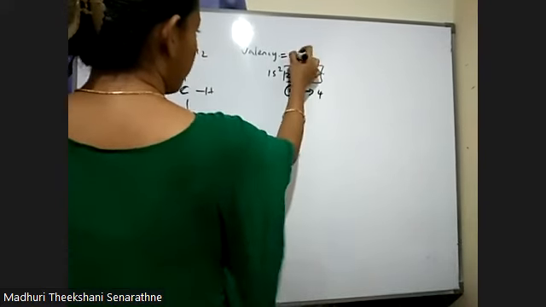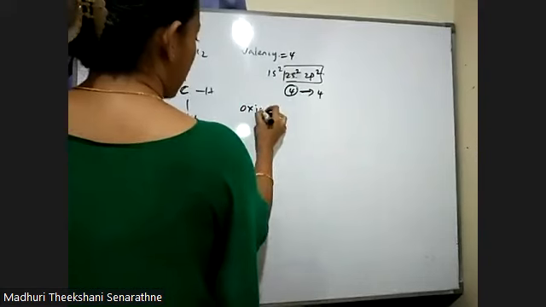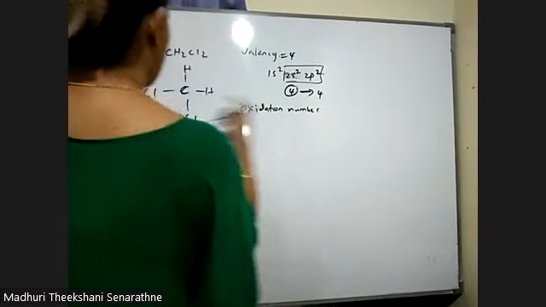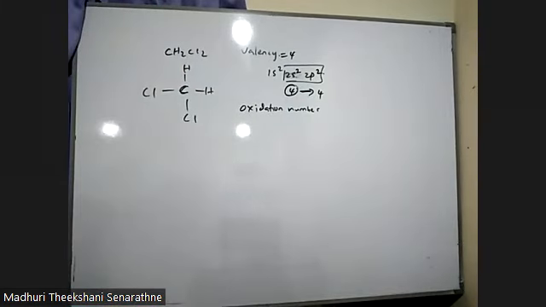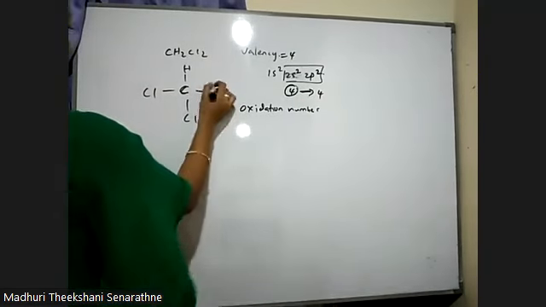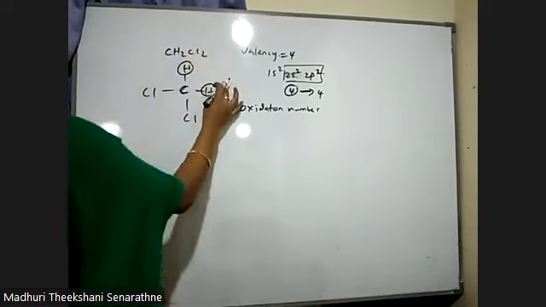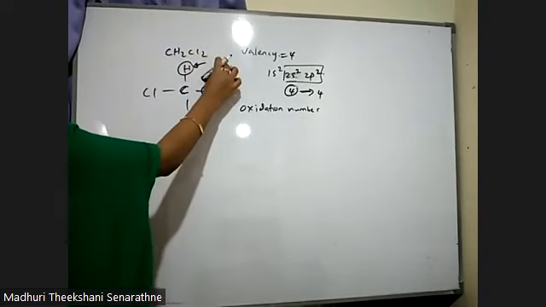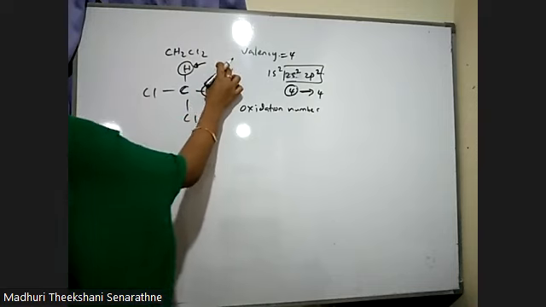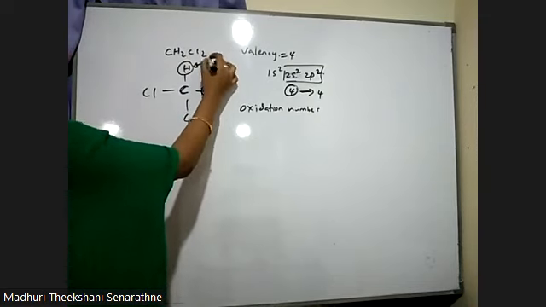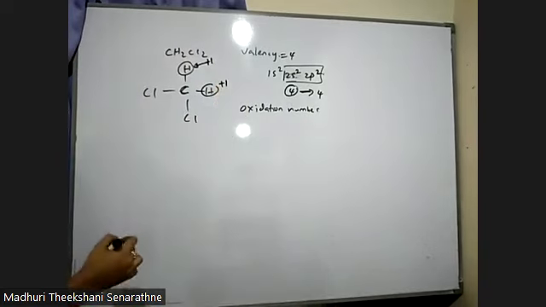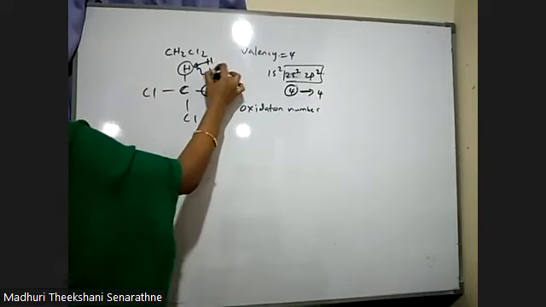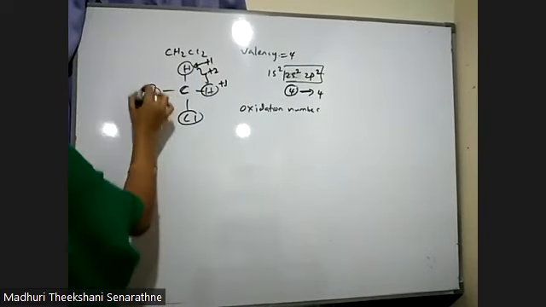Valence is 4. How to calculate the oxidation number of carbon? When we consider the hydrogens, when it is not a metal hydride, hydrogen normally takes +1 oxidation number. +1 means +2 for two hydrogens.